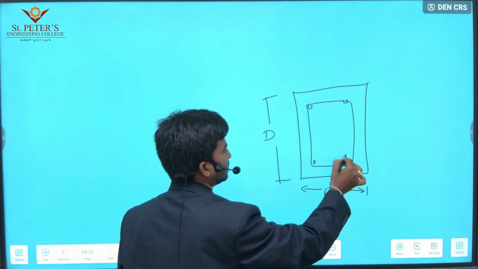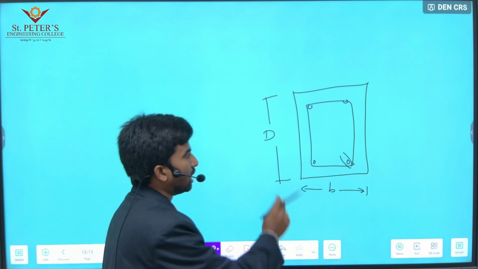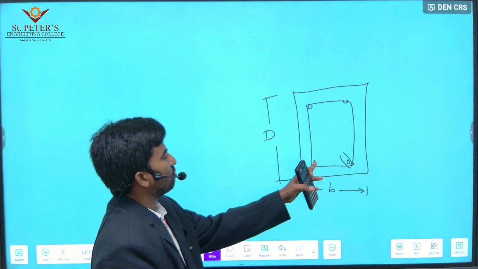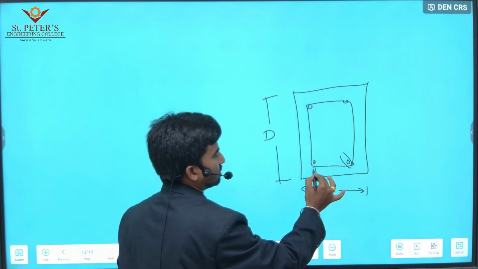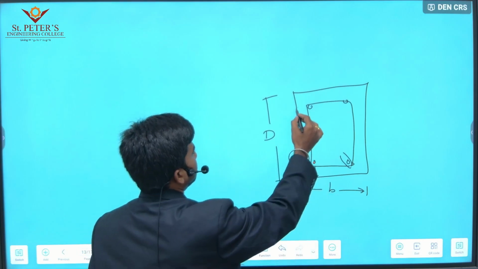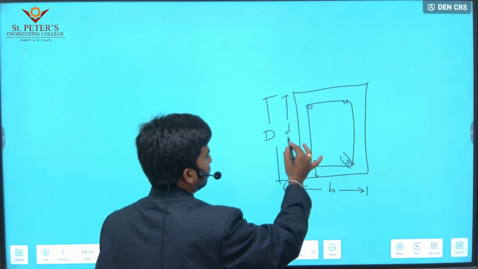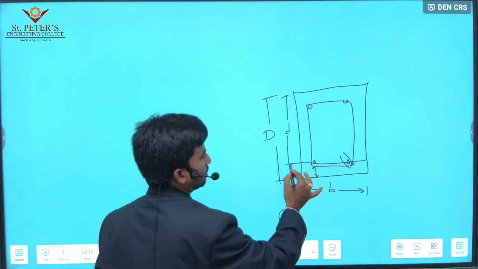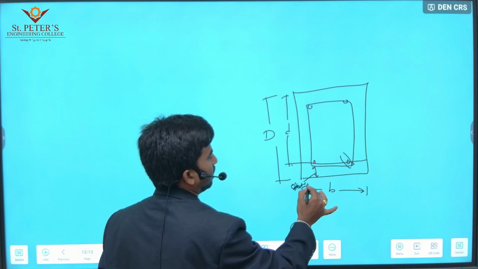We are calculating these in design of beam: the breadth, depth, number of bars, stirrups and cover, also effective cover and clear cover. So small d is taken from the top to the center of the bar, and the remaining is the effective cover.